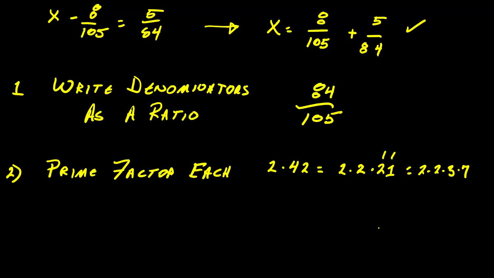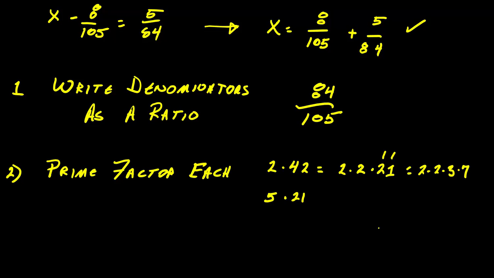And then 105, I'll factor that. 105 has 5 in the ones digit place, so I know that 5 is one of the factors. So that would be 5, and 105 divided by 5 would be 21.